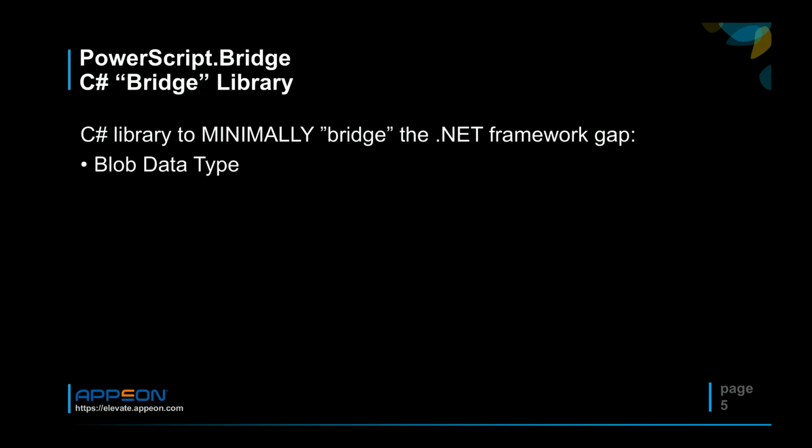When it comes to blob data types in PB, we really couldn't map that over to .NET, and we have come up with a PB blob data type that's included in this bridge library, which basically emulates the way blobs work in PB, and we feel we've done this in a standard way without compromising the maintainability of your project.